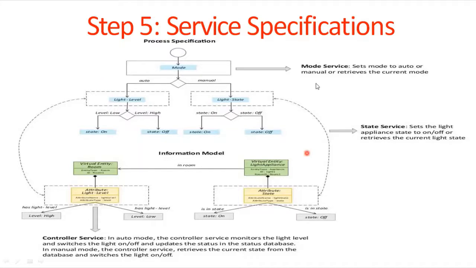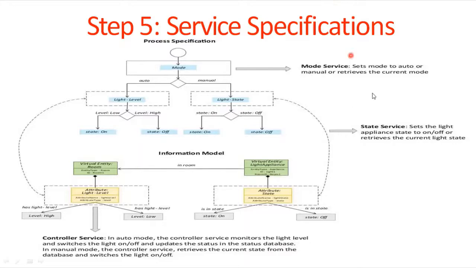In this case, we have three different services available for the home automation system. One is the mode service, another is the state service, for setting the state level, and then finally you have the controller service. The controller service is one of the services for this one.